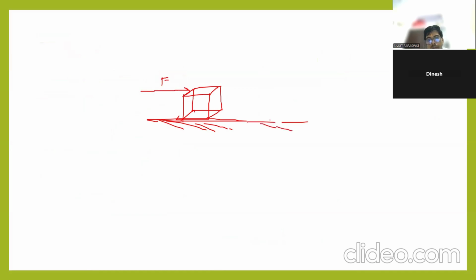See here, if you have a cube with the bottom surface fixed and you apply a force, then what will happen? This cube, after some time, will deform a little bit like this. The top surface will deform a little bit by an angle theta. The bottom is fixed, so this force has deformed this.